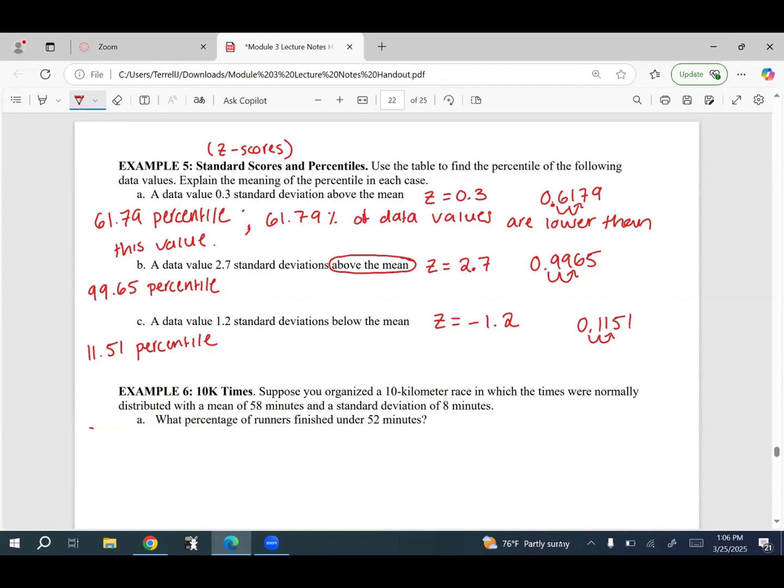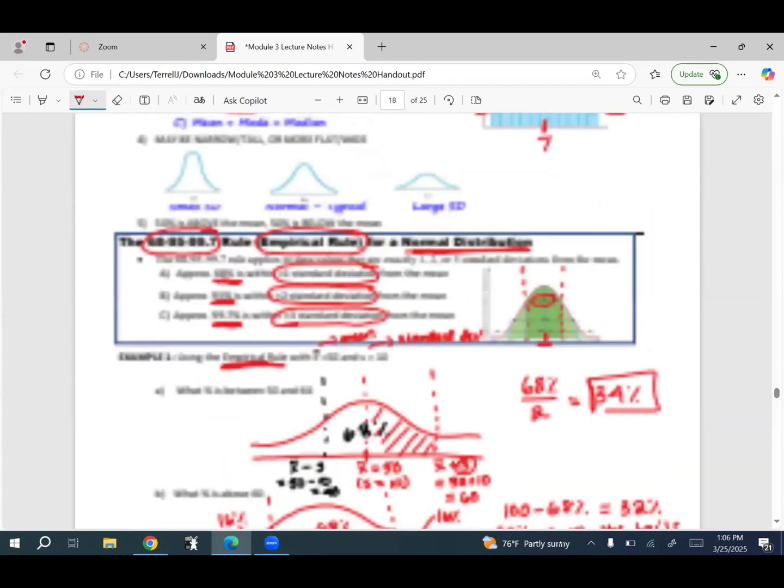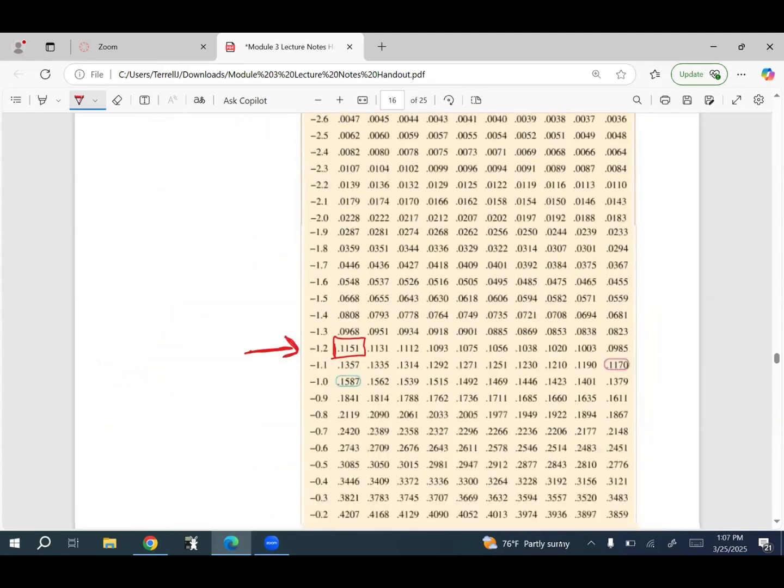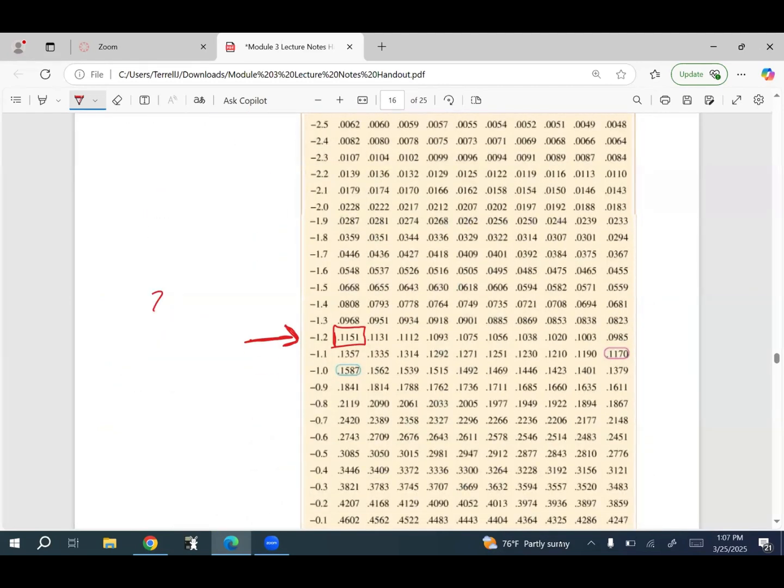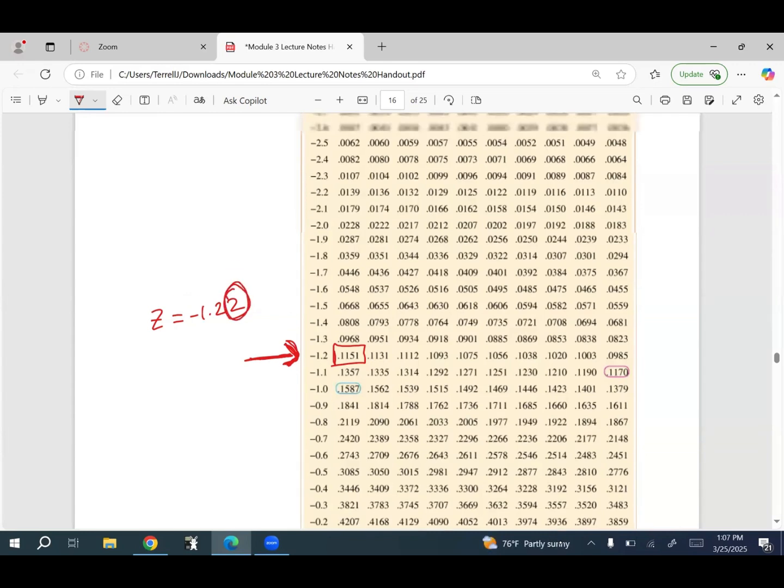Look at another example. Let's say my z-score was negative 1.22. So we would go to the negative 1.2 row. I apologize, guys, I have to move so many times. You see this 2 is in the hundredths place.